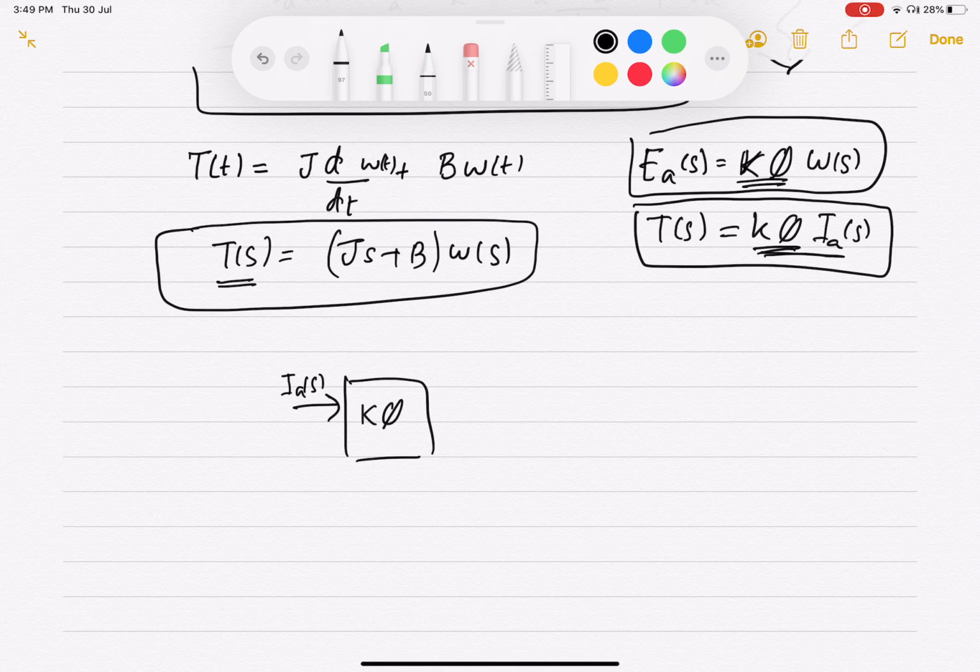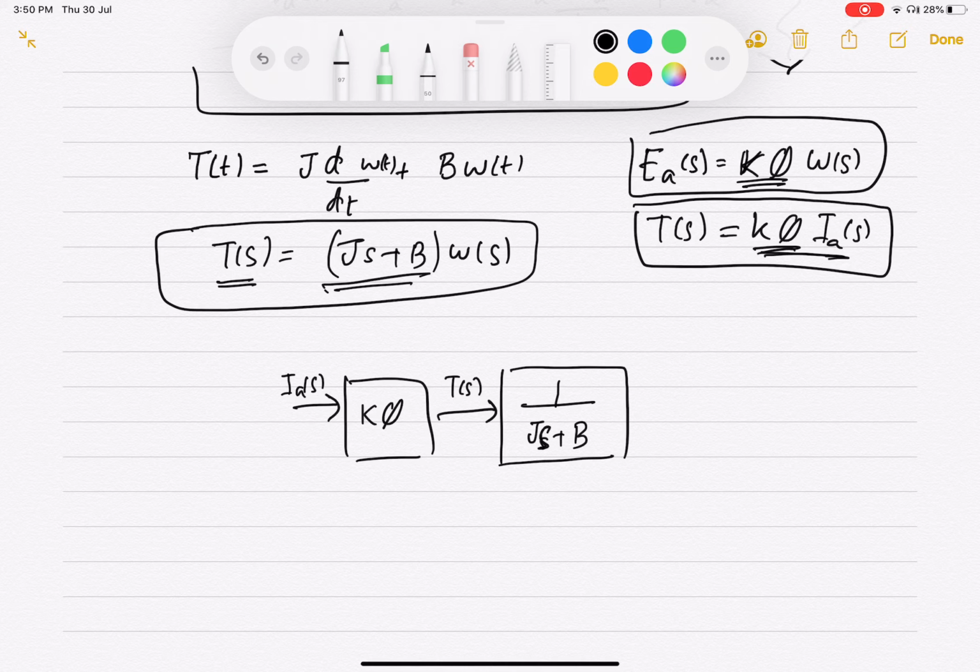This equation we are trying to implement, and getting the torque as a result. And once we get the torque, let us multiply the torque by 1 by (Js plus B). And once we do that, we should get the angular velocity.